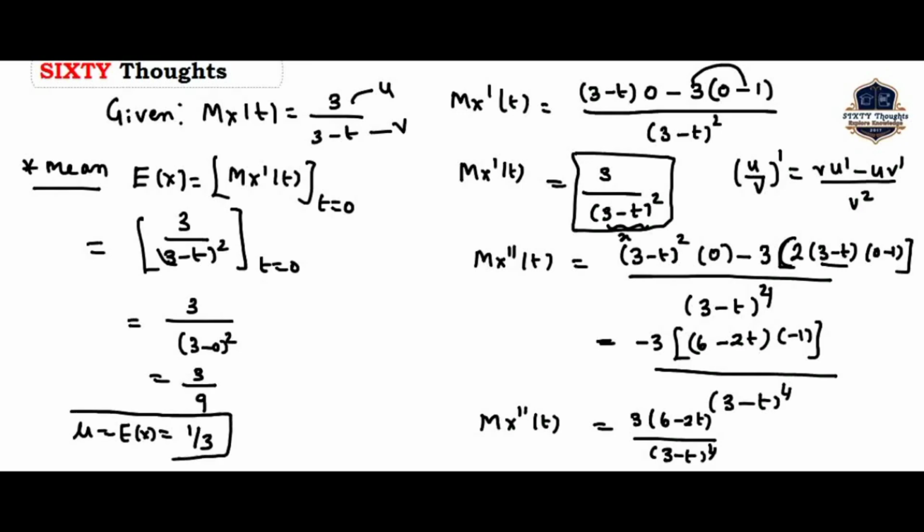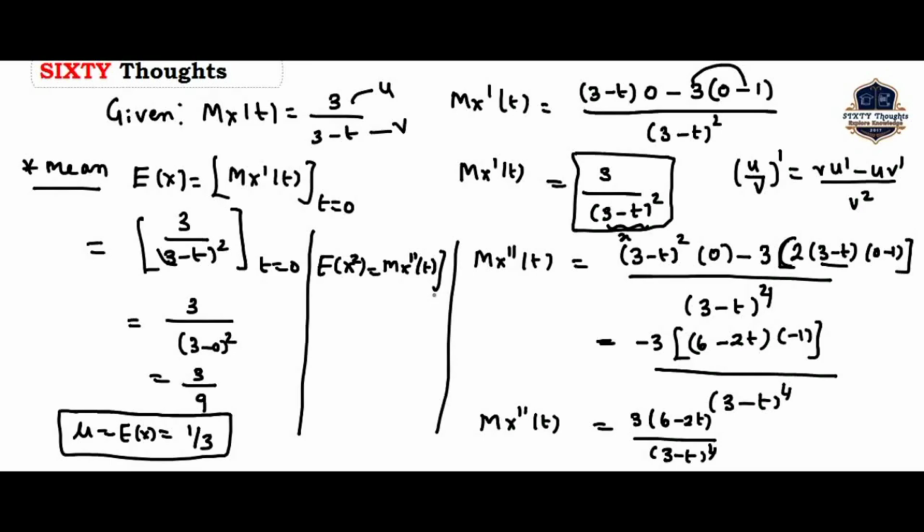Similarly, I am going to find E of x square. How to find E of x square? The formula: the value of E of x square equals Mx double dash of t, substitute wherever t equal to 0. Here Mx double dash of t value is 3 into 6 minus 2t by 3 minus t power 4.